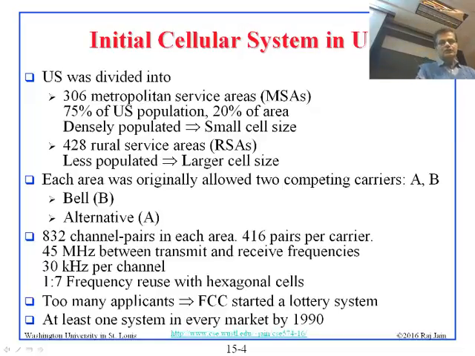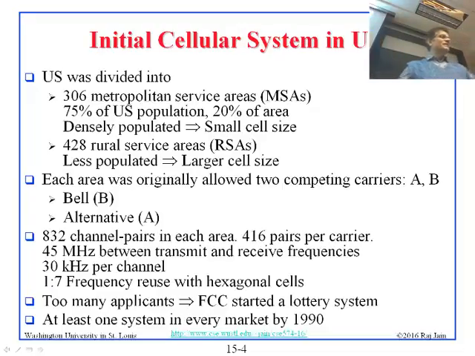Alright, so 832 channel pairs in each area, 416 per carrier, so half of the channels for this carrier, half of the channels for B carrier, 45 megahertz between transmit and receive frequency, 30 kilohertz per channel, and 1 to 7 frequency reuse with hexagonal cells. And they said, well, if I give this frequency to this one, then this, they were giving out different areas, right?